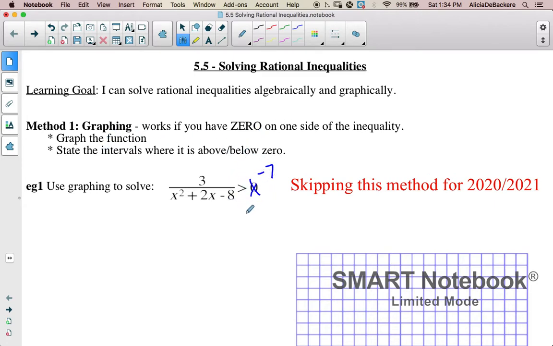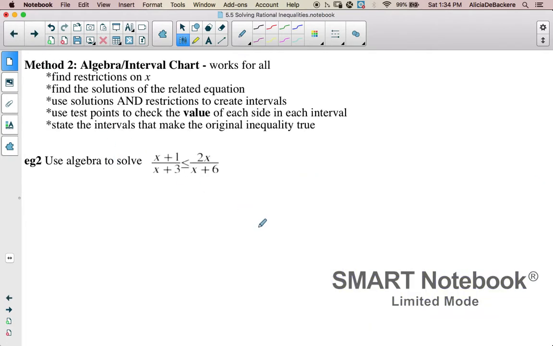Because this method doesn't work very often, we're going to skip over it and just take a look at the algebraic method. Now the algebraic method involves making an interval chart, which we talked briefly about when we talked about solving polynomial inequalities. We're going to use this method because it works for all of them. This is a little bit different than solving the polynomial ones though, because rational inequalities also involve restrictions.